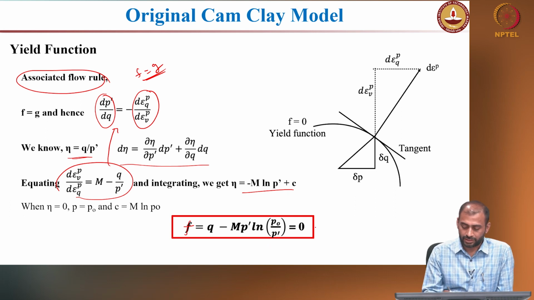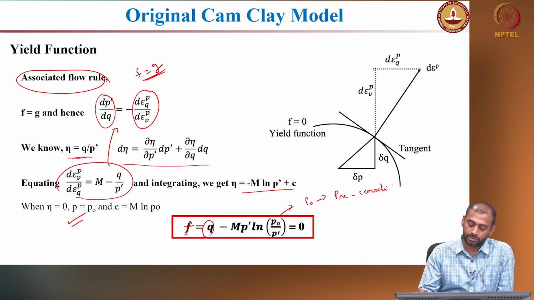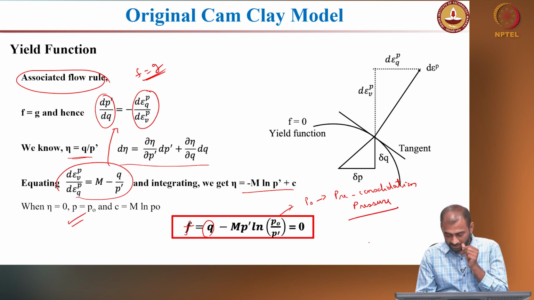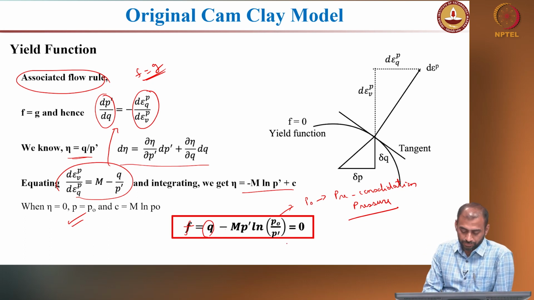The failure condition is nothing but q minus M p ln p naught by p. For this particular boundary condition, you can get this failure equation, which is a function of p naught, the pre-consolidation pressure.